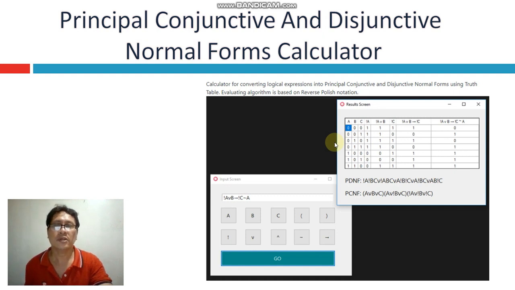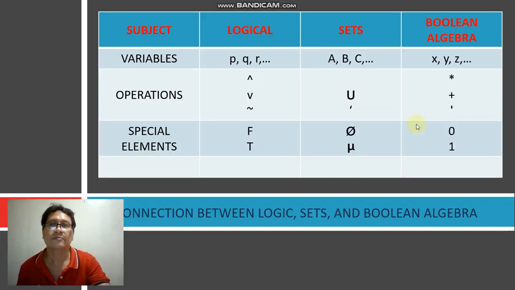Our presentation uses a calculator, and you can see the calculator in the illustration. As you use the calculator, you can see the result screen, as what you have learned in our truth table. To recall our lessons, let us refresh ourselves on the use of variables in terms of logic, sets, and boolean.